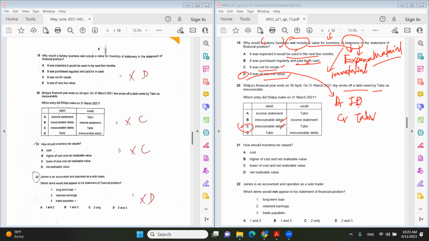After you do this recording, at the end of the year you have to transfer the irrecoverable debt to the income statement. So this account closes, and the income statement will have irrecoverable debt.